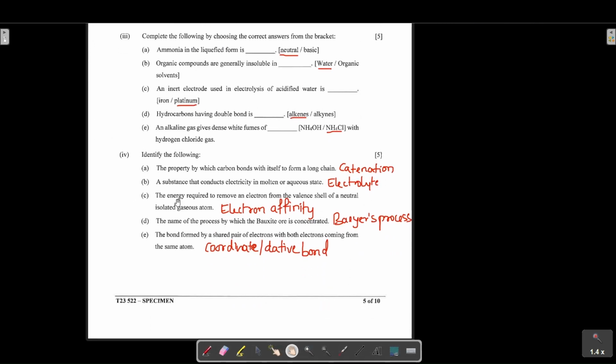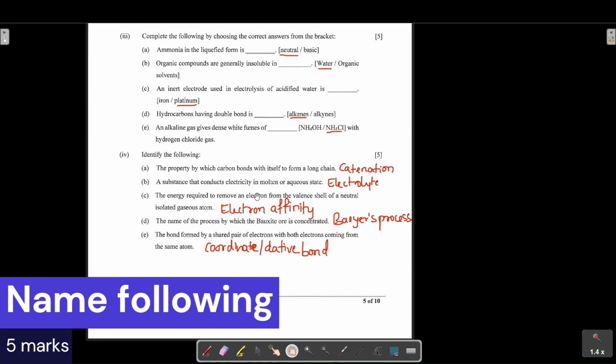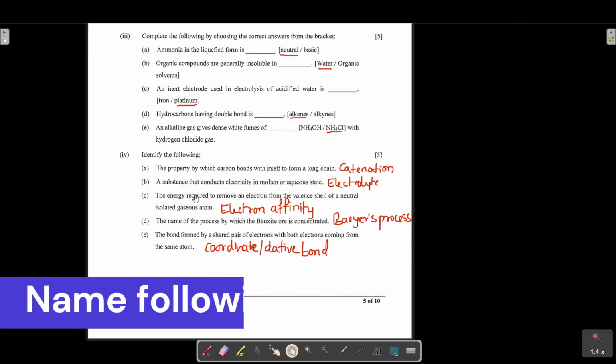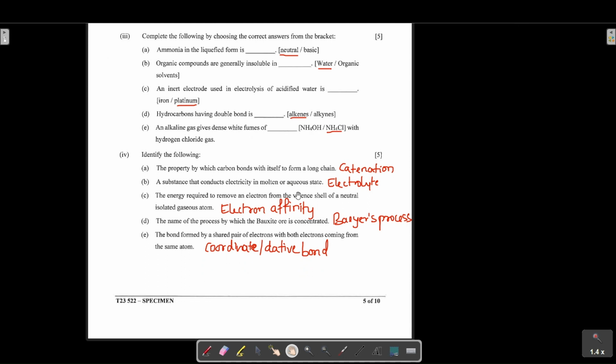Identify the following. Actually, it should be name the following. Give one word like that. The property by which carbon bonds with itself to form a long chain: catenation. Substance that conducts electricity in molten or aqueous state: electrolyte. Energy should not give the example. Don't write any NaOH solution, HCl solution. No. The energy required to remove an electron from the valence shell of a neutral isolated gaseous atom: ionization potential.